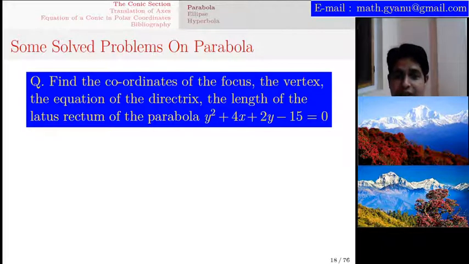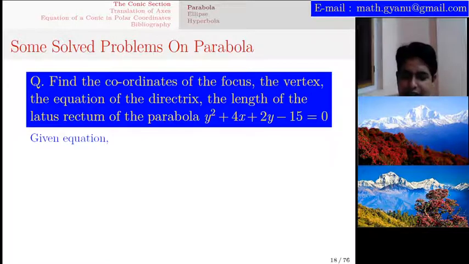In this case there is y square, like y square equal to 4x, which means parallel to the x axis. Exactly, y minus k whole square equal to 4a times x minus s. So first of all, try to change the given equation.